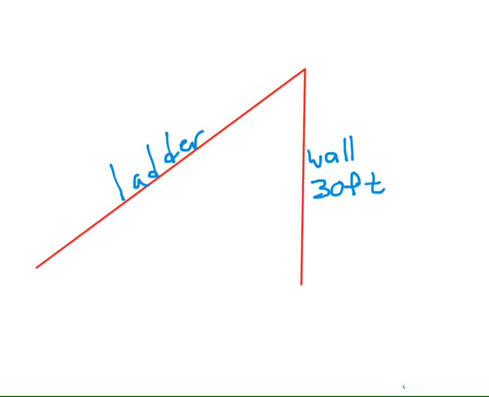The angle of elevation from the bottom of the ladder to the roof is 55 degrees. How far is the ladder from the base of the wall? So here's the ladder, here's the base of the wall. We'll call that x.